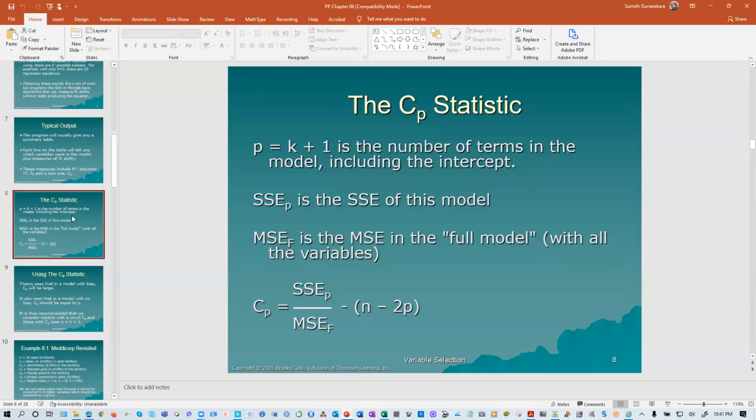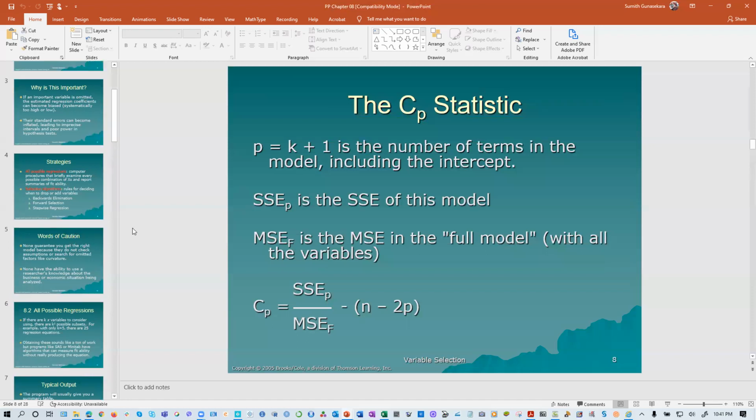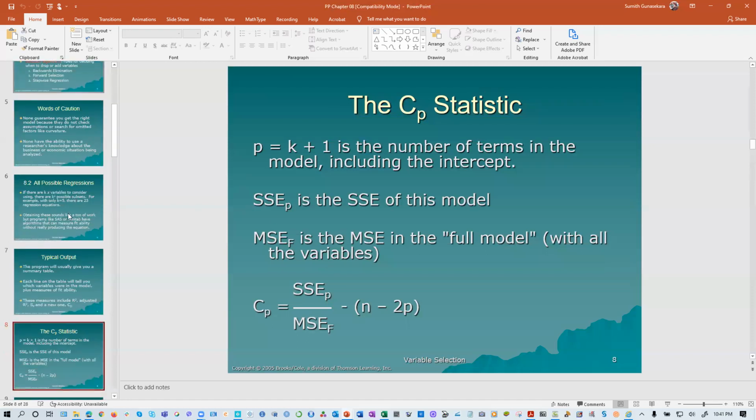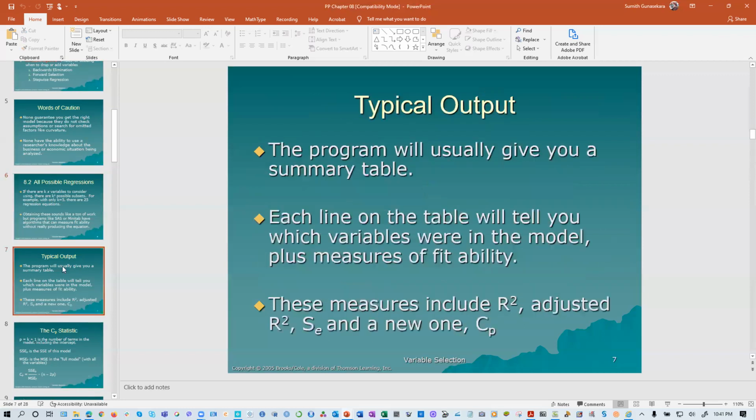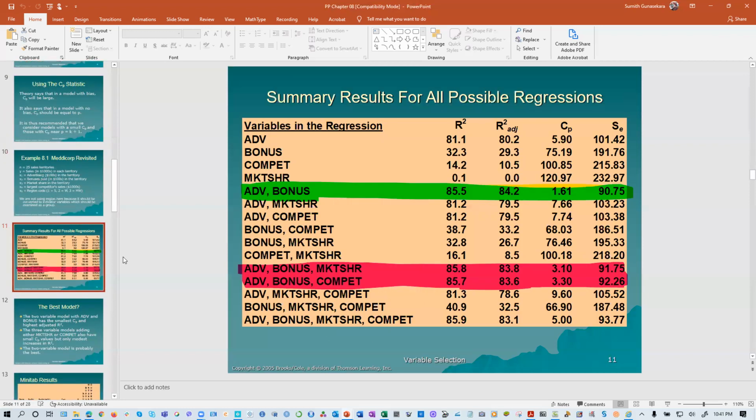I was just telling you that when you have all possible variables, if it is 4 variables, 16. If you have 5 variables, 25 options. Even with that one, again, you can break down and see how many regression models can be created with the aid of singles, doubles, triples, and so on.